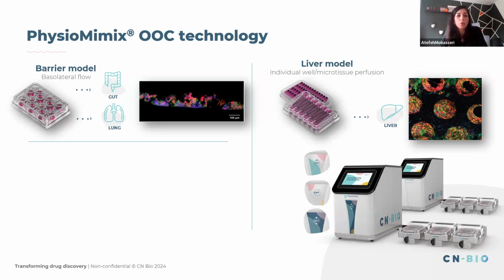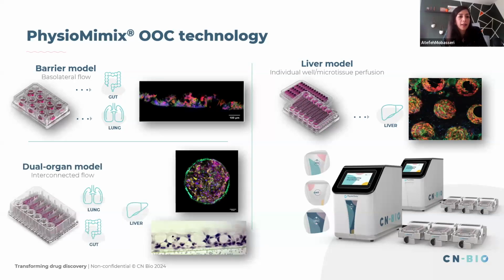So we can use this plate, which has the flow, to culture liver models, and also different barrier models such as gut and lung models. And also we can connect two organ models in our dual organ plate to look at more complex processes like gut-liver or lung-liver models.